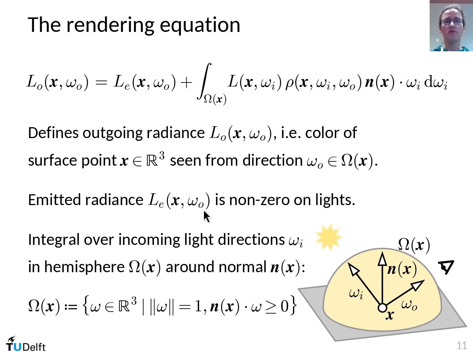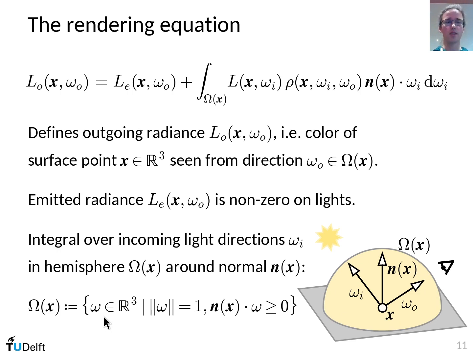And then we have to account for reflected light. That is what this big integral here is for, and this is by far the most complicated part about the rendering equation. So let me start by explaining what kind of integral this is. Reflected light can be coming in from any direction above the point. So we have this hemisphere here, and we have to account for all of these direction vectors.